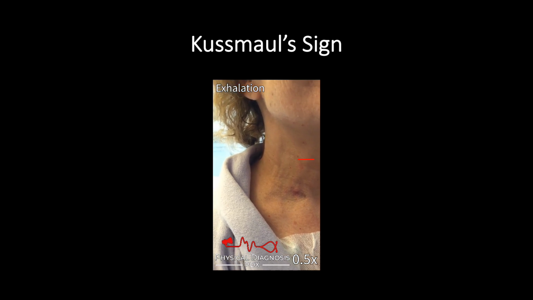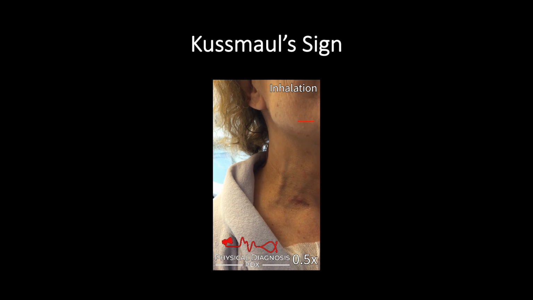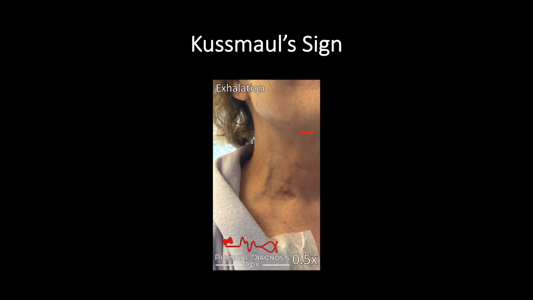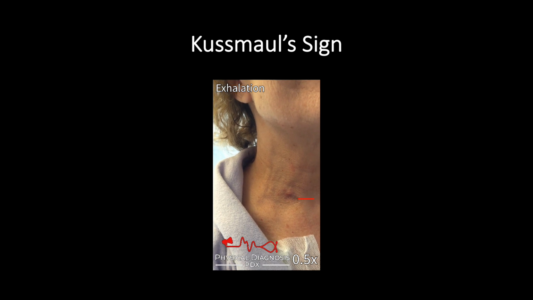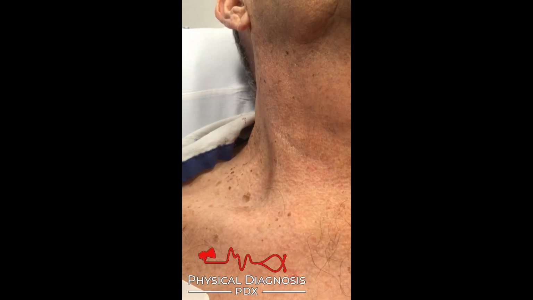Remember that normally the JVP should decrease with inspiration. You might also note the sharp and deep X and Y descents, known as the W sign, which is highly specific for constrictive pericarditis. This patient developed constrictive pericarditis many years after orthotopic heart transplantation, a rare sequela of that procedure. Here is the next video.